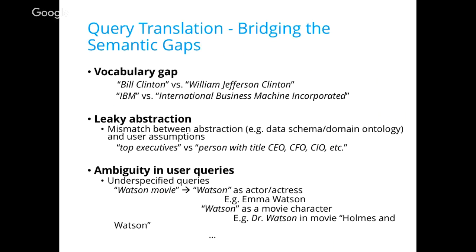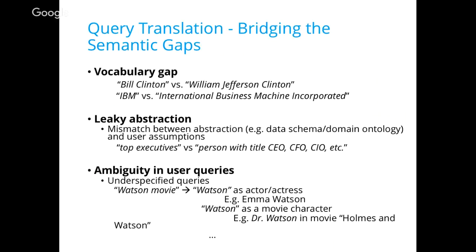The second is leaking abstraction. As we all know, when we design a database, there is a schema associated with it. The same when we think about certain things, there is also some way we think of how things should be related to each other, and what attributes should be associated with different things. This could be not the same as what the user has in mind and what is in the database.